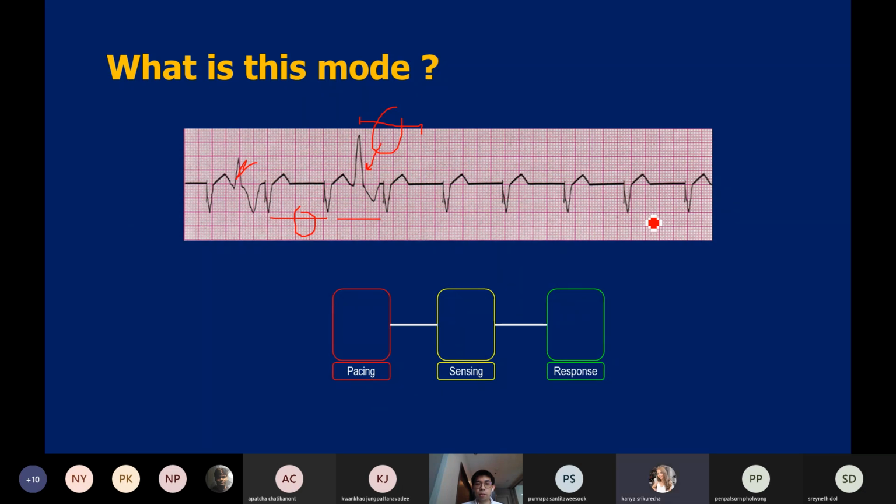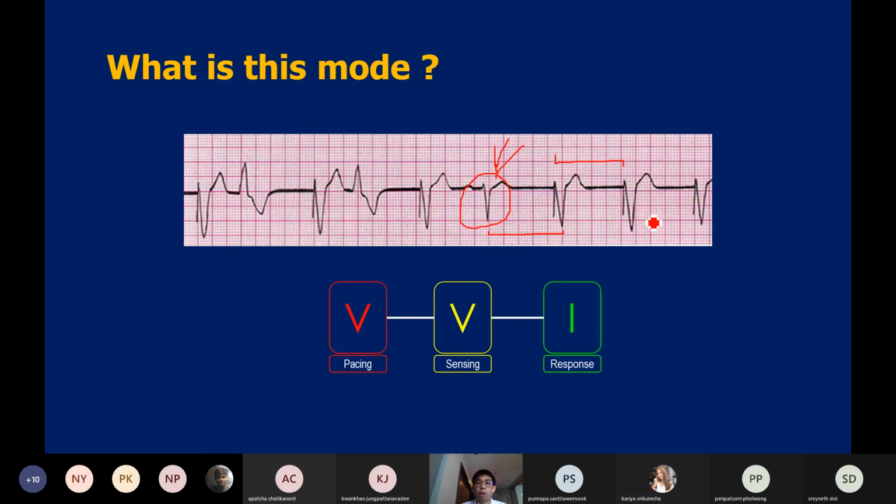Okay, usually we program the pacemaker at one rate. For this one we program it at around 60 beats per minute. So if there is some sensing, like this QRS complex, the pacemaker senses it, so it inhibits itself not to pace.